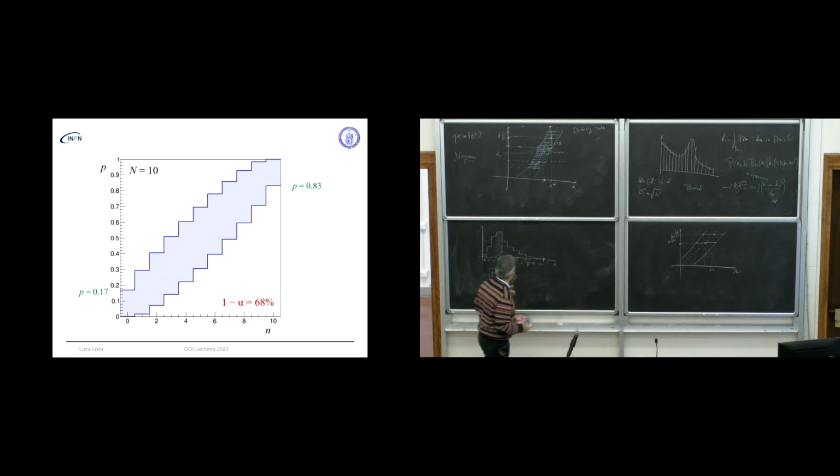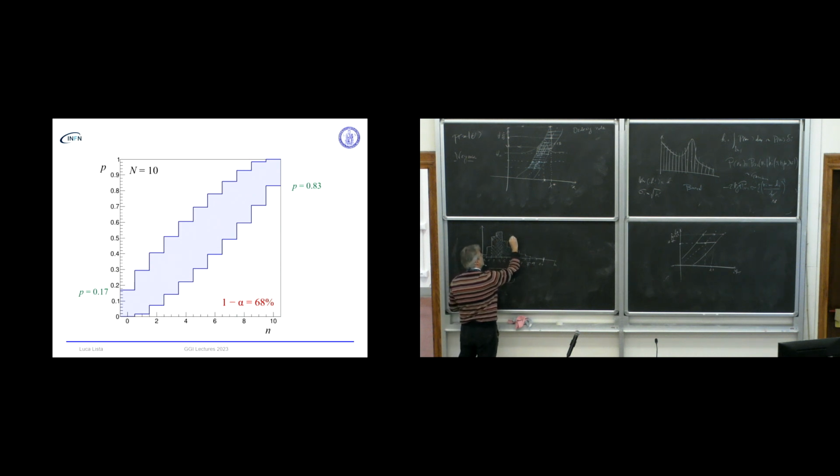I can take, for instance, a tail on the left and a tail on the right, and start to exclude values until the next exclusion will give me a probability below 68%. So I want the interval to be short. If I take the interval too large, I get a probability which is 100%, which is too much. I start to take out extreme bits, and I stop until the integral under this area, maybe putting the extra bit on the other side.